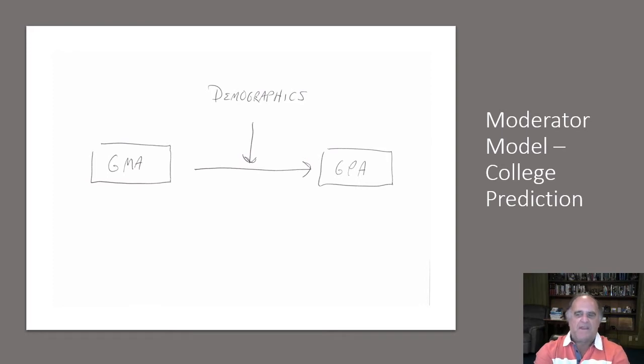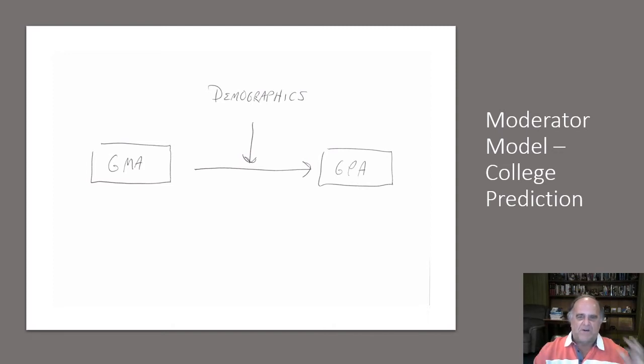One of the arguments that critics of testing make, which we can test with studies, is that various demographic variables interact with or moderate the relationship between general mental ability and GPA. So that's a clear moderator model to me.